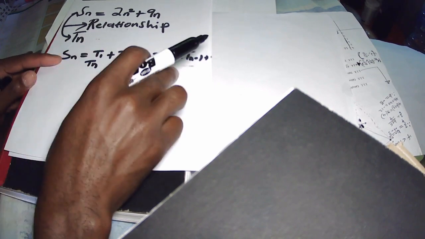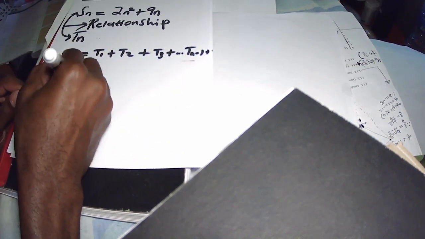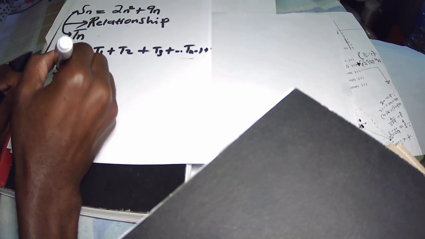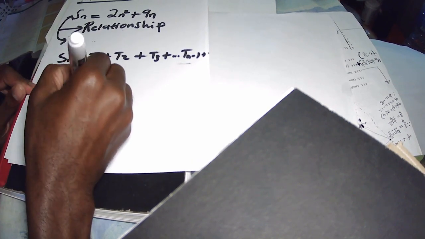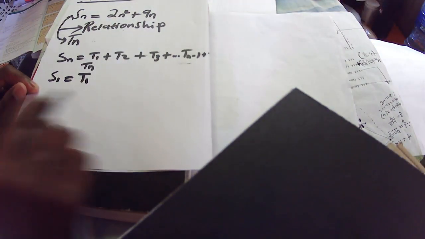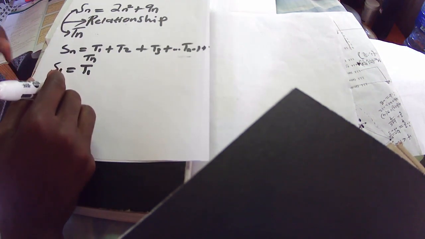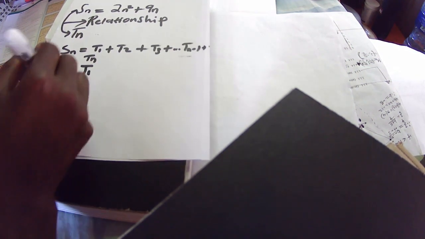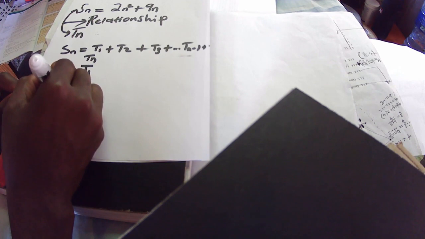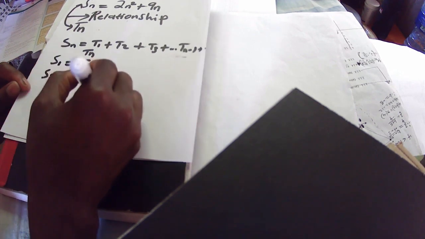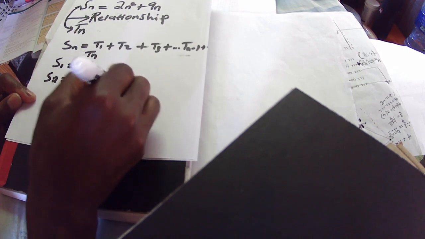So what you should notice by now is that the sum of the first term is just a single term. If I am to calculate the sum of the first two terms, it has to do with T1 plus T2.